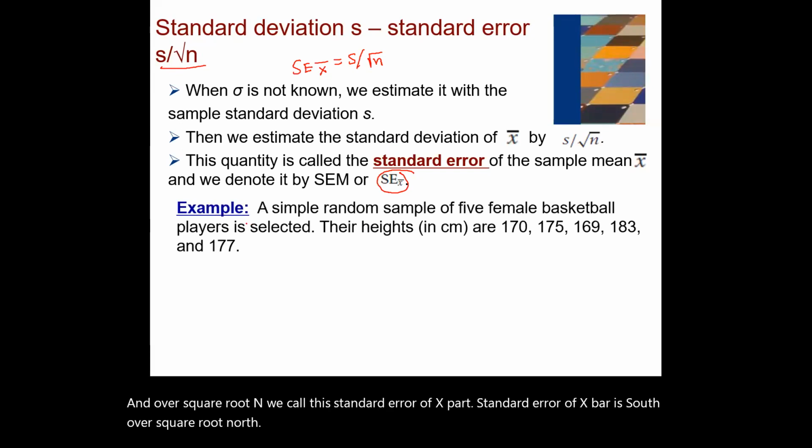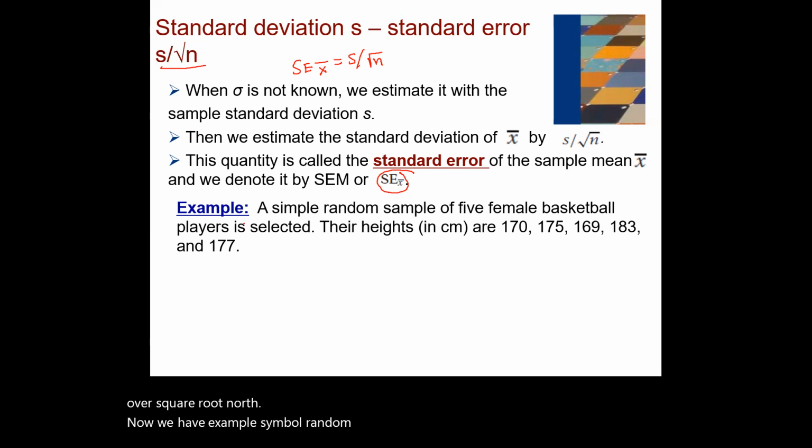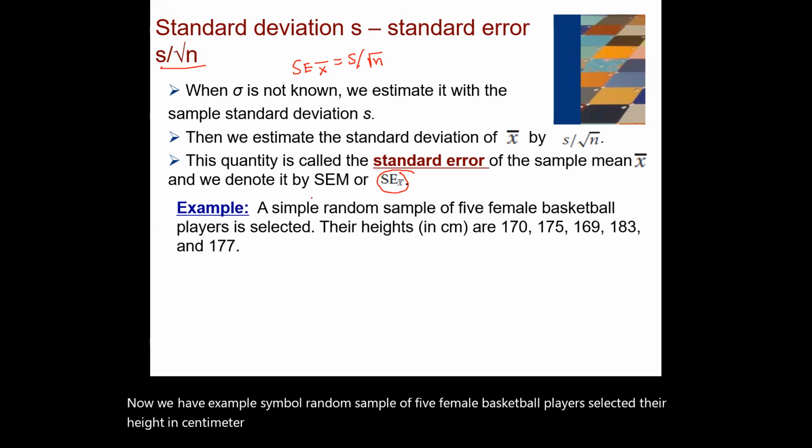Now we have an example: a simple random sample of 5 female basketball players. Their heights in centimeters are reported here: 170, 175, 169, 183, and 177.